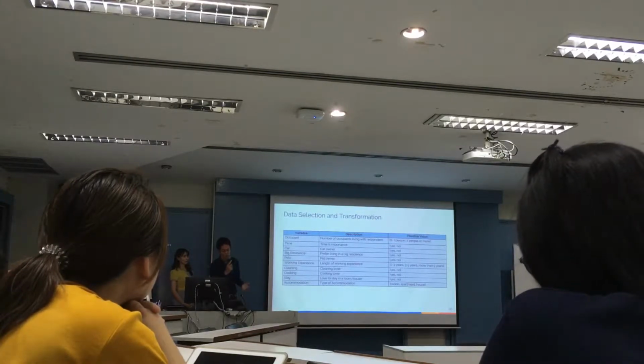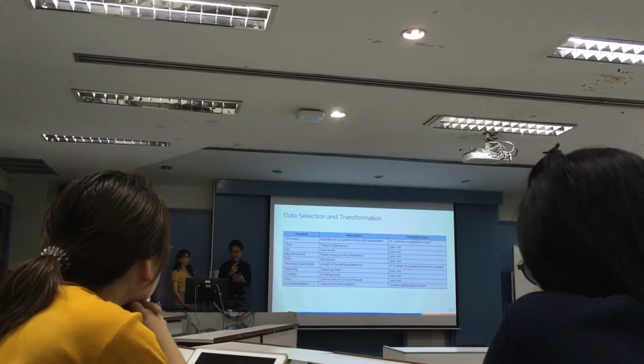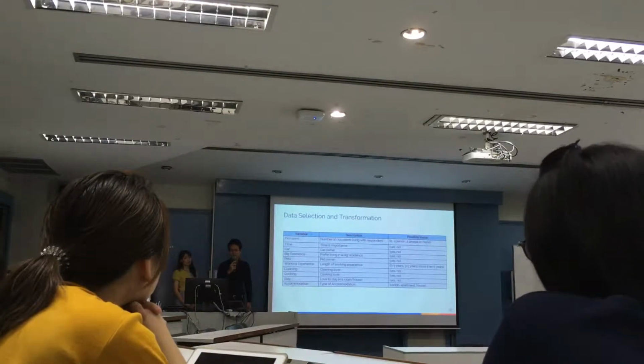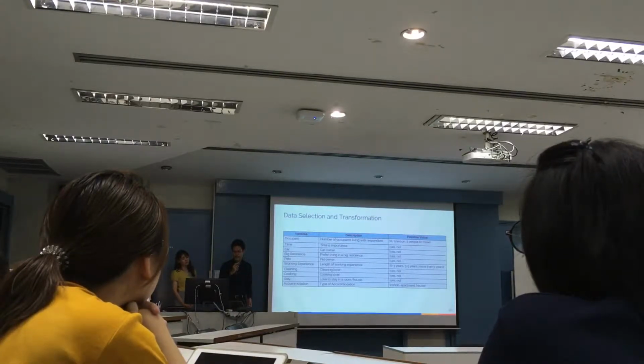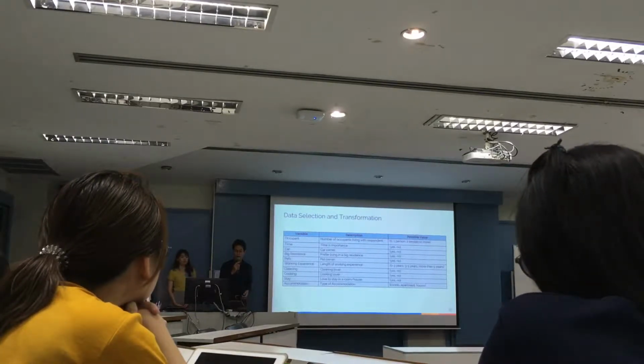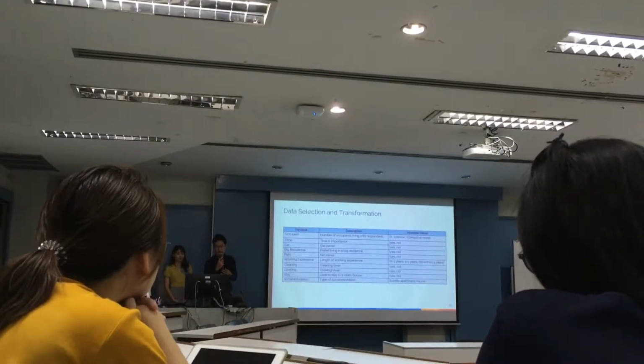How many people live with you? And are you serious about time? Yes or no? Do you have a car? Yes or no? Do you prefer living in a big residence? Yes or no? Pet owner? Yes or no? Working experience, cleaning, and the last one is the accommodation type that you are living in, which means condo, apartment, or house.